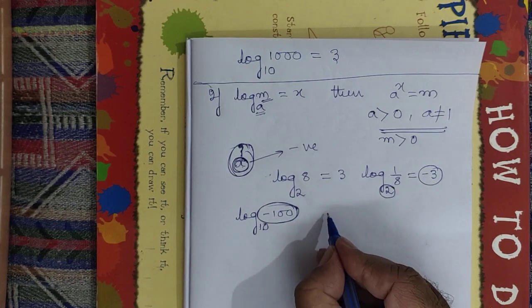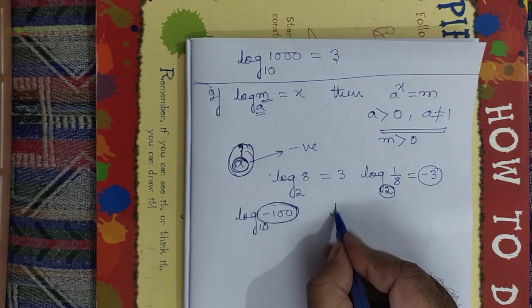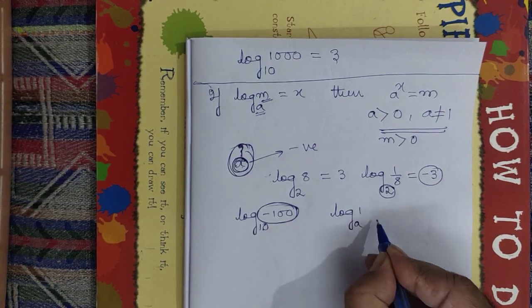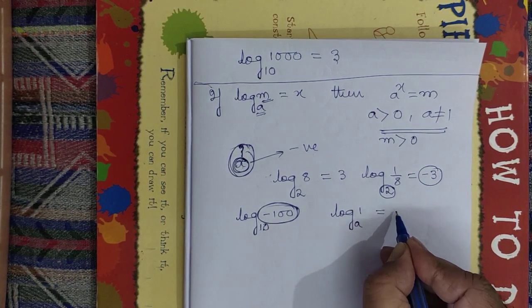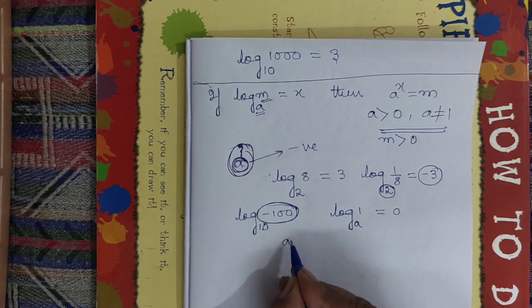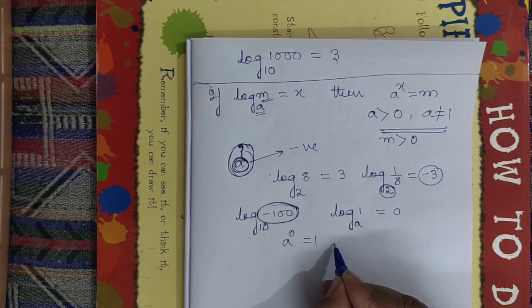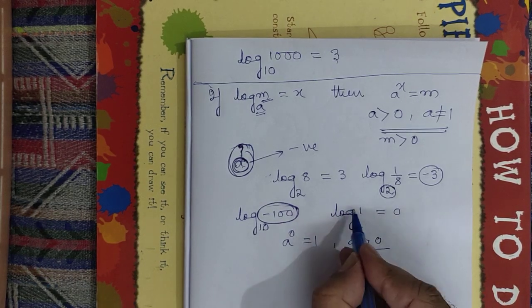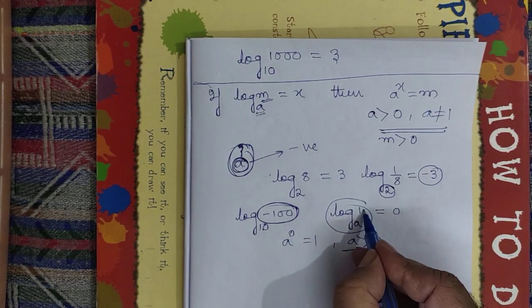Now the point is, is it possible that m is 1? If I write m as 1 and you take any base a, this will definitely be equal to 0, because a to the power 0 is definitely 1, assuming a is greater than 0. So log 1 is always 0. So log 1 is also defined.